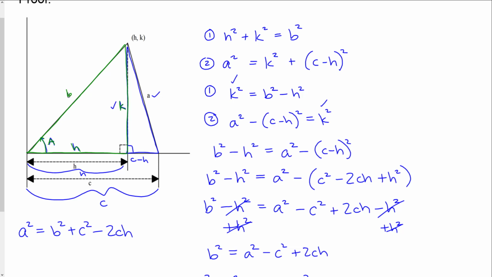Okay, so with all of that, I'm going to say the cosine of angle A is equal to, so cosine is the adjacent over the hypotenuse, so it's h divided by b, which allows me to solve for h. All I have to do is multiply both sides by b. So b cosine A is equal to h.